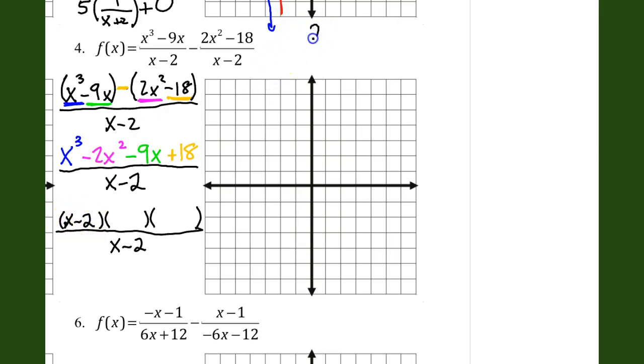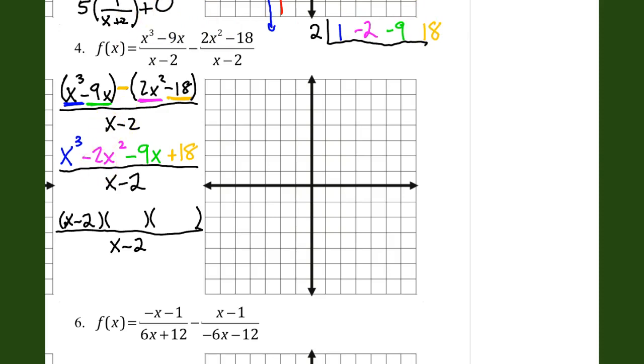And do the synthetic division with 2, and that'll give you your other factor, and you can actually get through this pretty quick if you already know a number to start on. We didn't have to go through a whole list and try to figure it out by trial and error.